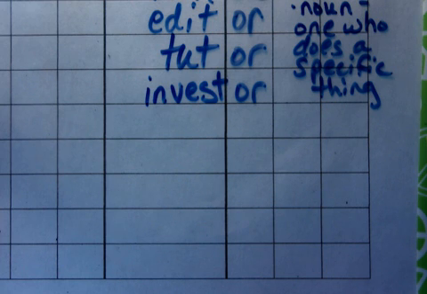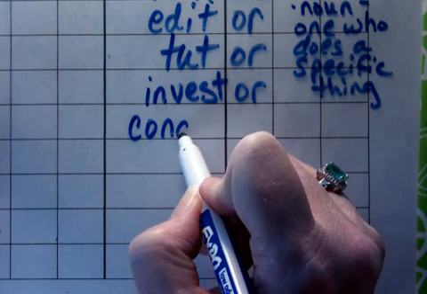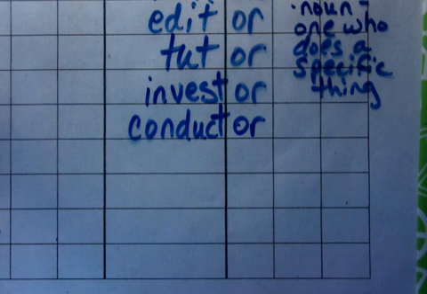One who does a specific thing of investing. The next base word is conduct, and the OR suffix. Conductor, a person who conducts the symphony. Or if you're talking about a train conductor, a person who conducts business on the train. The person who's in charge of the people on the train. Conductor.